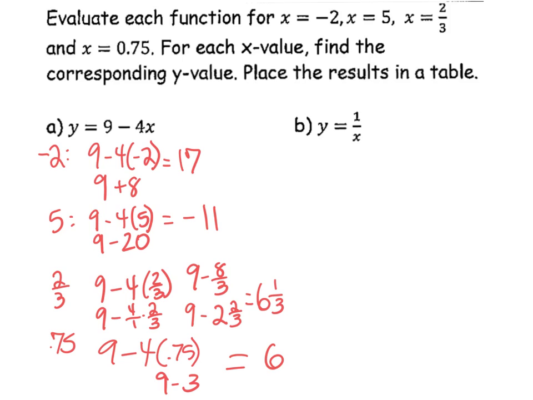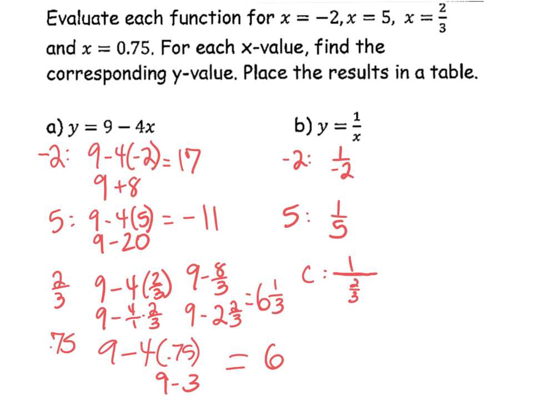Okay. Let's just, for part B, 1 over negative 2, 1 over 5. Now, this isn't so friendly, this 1 over 2/3. We talked about it, gosh, in August.